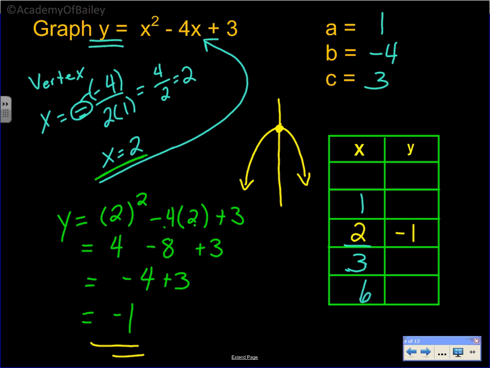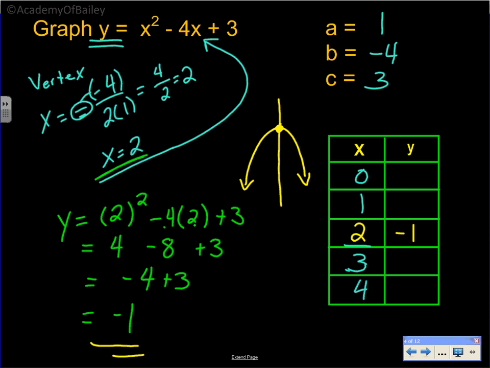If we went 4 away to 6, we would also have to go, let's say 2 plus 4 was 6, so then we would say 2 minus 4 is negative 2. Both of those numbers, 6 and negative 2, are 4 spaces away from the vertex. For this one here, we'll just go with 4.